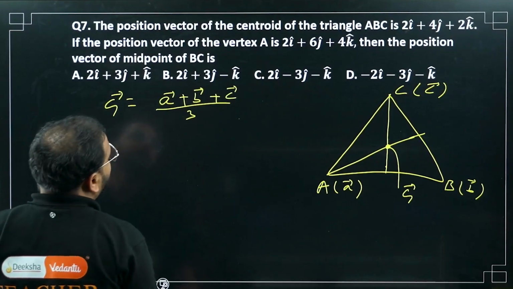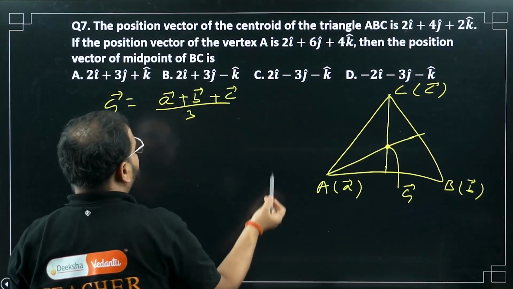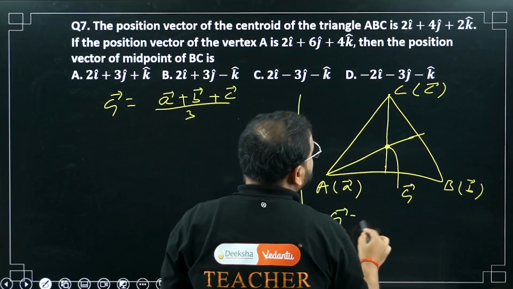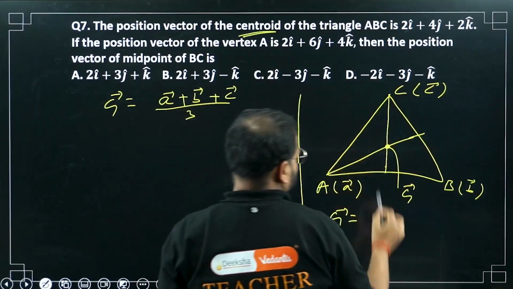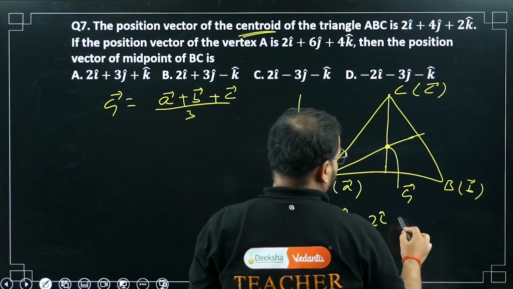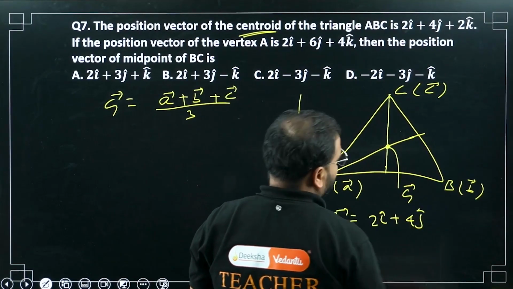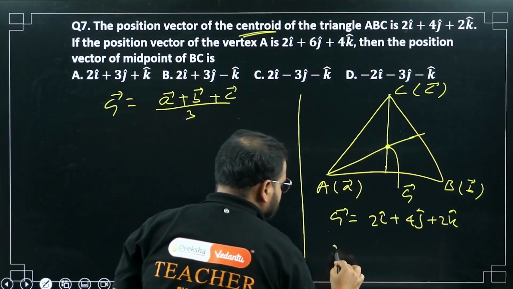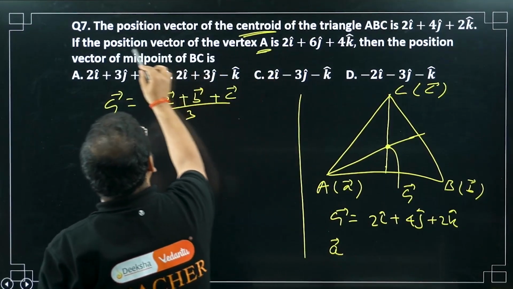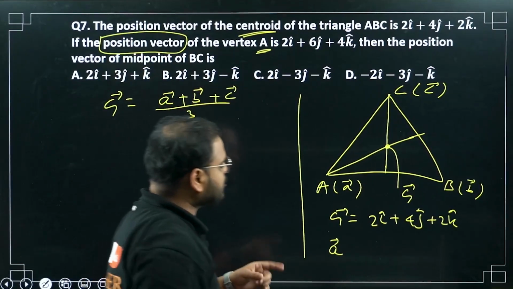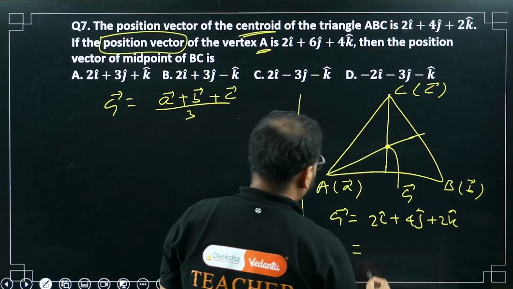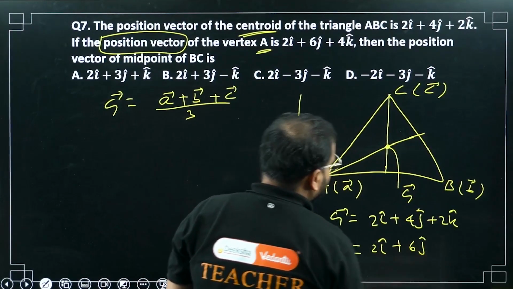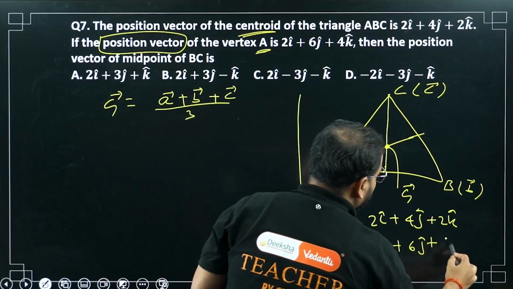Great, they have given vector G also. Let me write what they have given here. Vector G, the centroid, is given as 2i cap plus 4j cap plus 2k cap. For the vertex A they have given the position vector 2i cap plus 6j cap plus 4k cap.